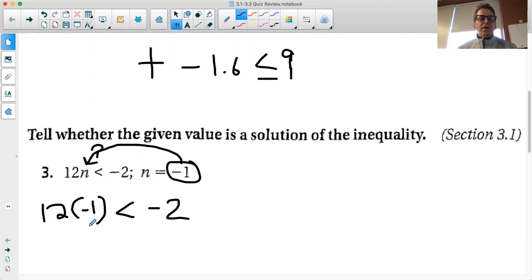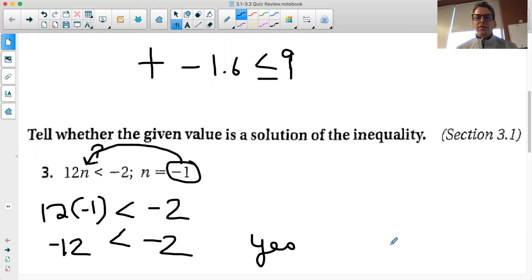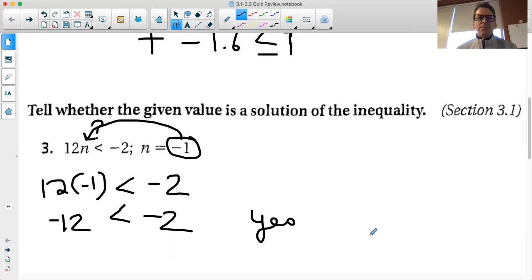So 12 times the -1 is -12, which is less than -2. And your answer there is yes. So substitute, see if your inequality is true, and then follow up with either yes or no to see if the value is a solution. So in this case, n equal to -1 is a solution to that inequality.